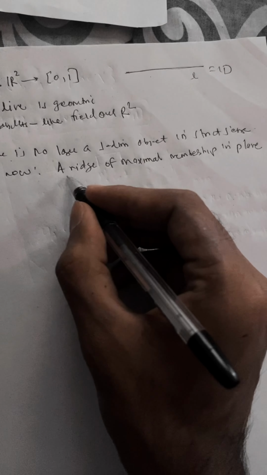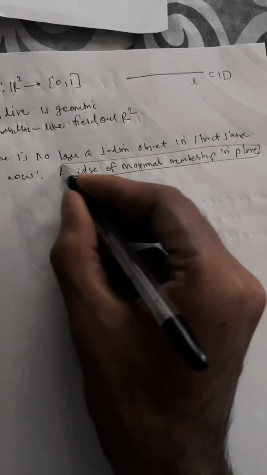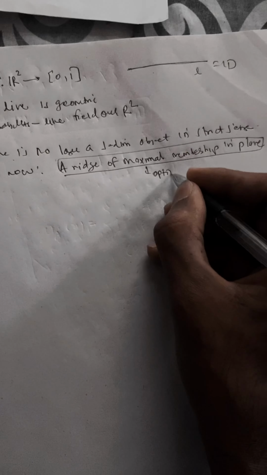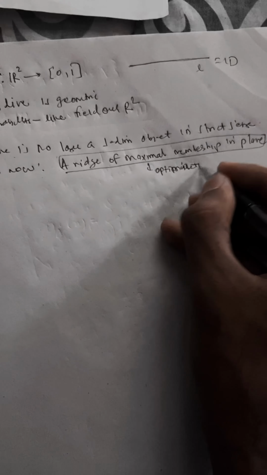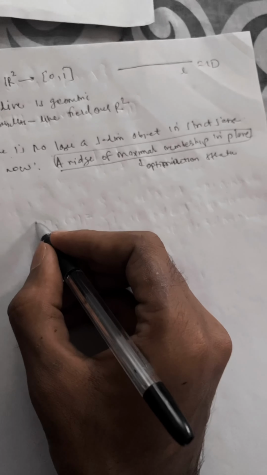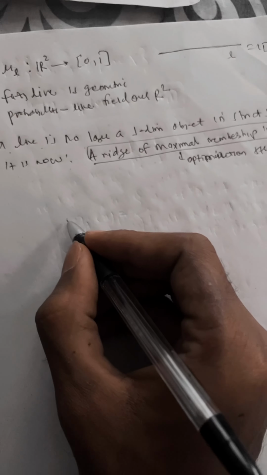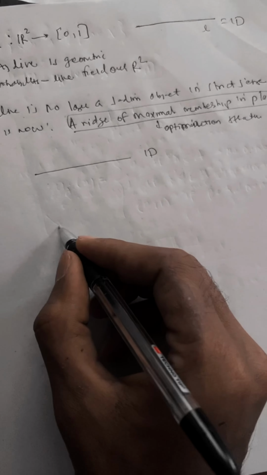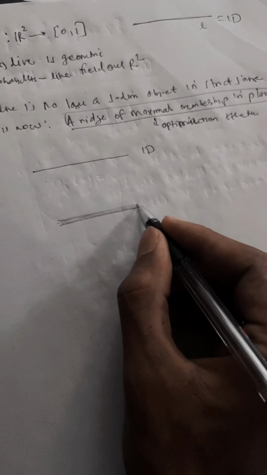Right? But this is after we impose an optimization structure on this. What I'm trying to say is, how does your line look now? In classical geometry, our line was like this, one dimension, length. Now in fuzzy geometry, your line may look something like a blurry two-dimensional region, like this kind of thing. You see?